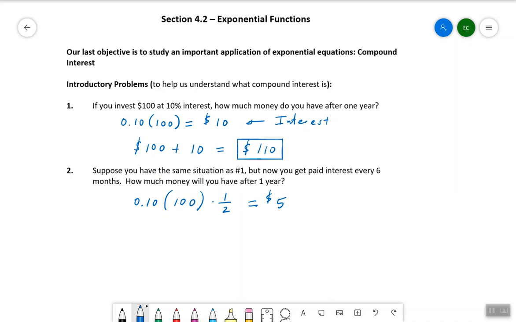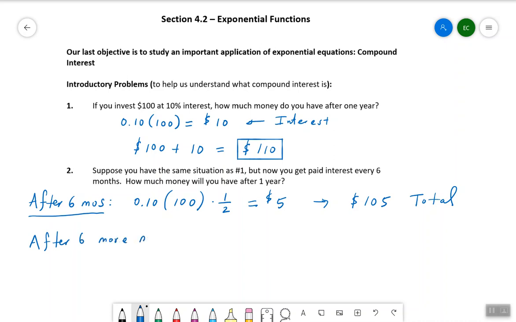Which is great because now you have $105 total. And I should have written up front, this is after 6 months. And then after 6 more months, the $105 earns interest.